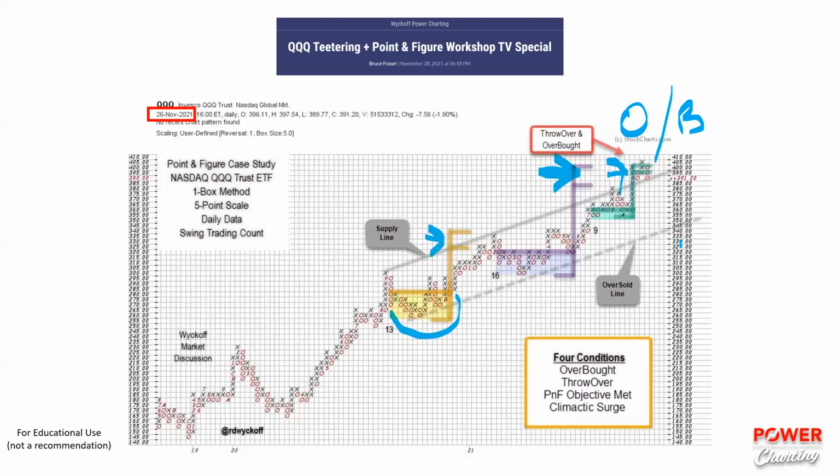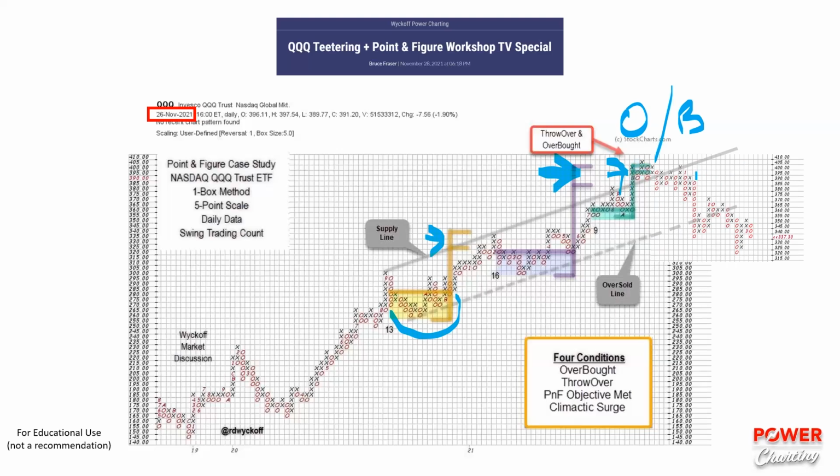And that is a throw over condition, often concludes the advance. And then this is what happened next. This is the bull market top for, in this case, the triple Q, S&P at the same time, and so on. And so this was the exhaustion of the advance. It came back into the upward striding trend channel structure, fell down out of it and into a new downtrend.